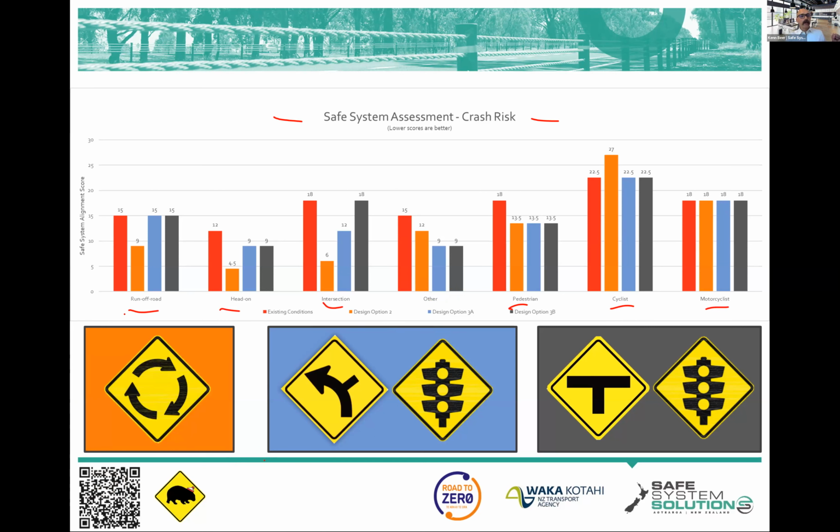Now, when we look at these crash types, these three are associated with vehicles. Any crash where a pedestrian is the one that's injured will be accounted for in this. Anything where a cyclist is injured is accounted for here, and a motorcyclist that's injured is accounted for here.